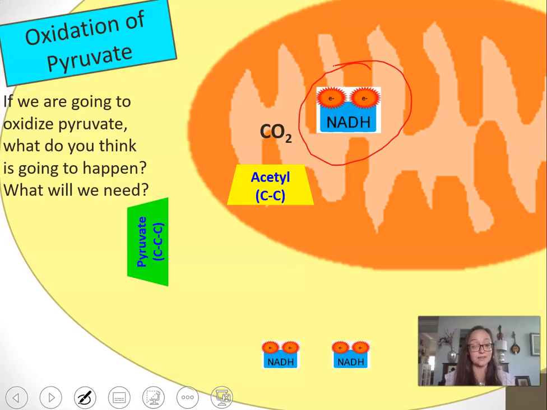So here we have a reduced electron carrier that will carry those electrons to the electron transport chain. And when we see pyruvate having 3 carbons, well, when we just broke that bond and took those electrons, one of the carbons came off in the form of carbon dioxide. So the carbon dioxide you breathe out used to be part of a glucose molecule or part of a lipid or part of a protein.